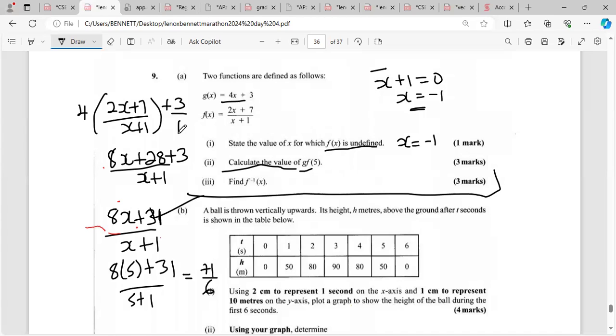Yeah, guys, that was 7. Let me eliminate it.